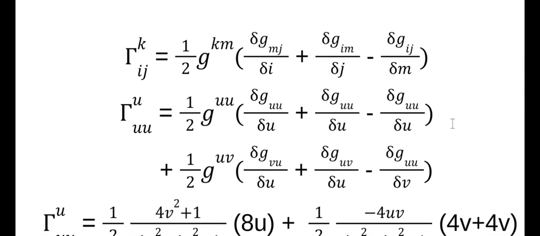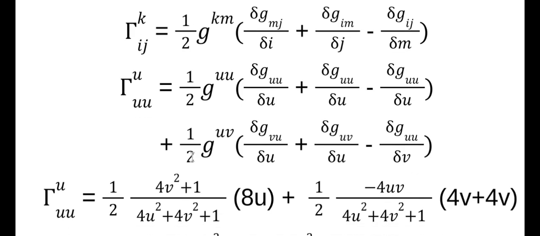Here is the component of the contravariant metric tensor UU. The partial, let's see, these two cancel. The partial of GUU with respect to u is 8u. Then we've got our second term here, this component of the metric tensor. This is 0 because there is no v in GUU.